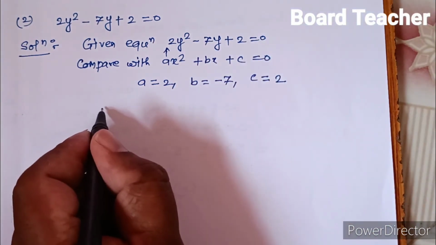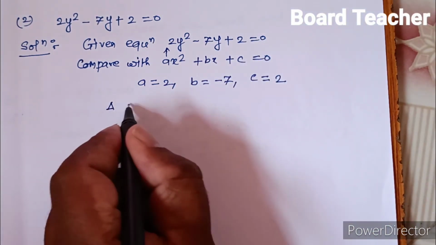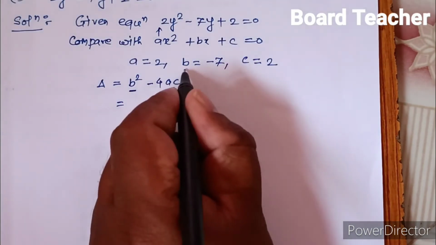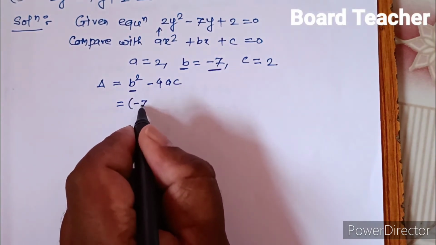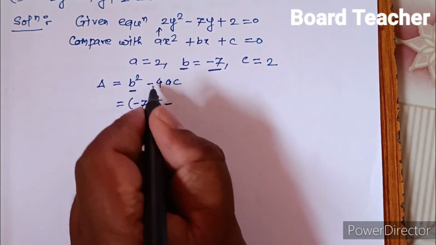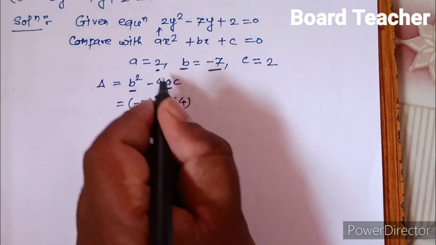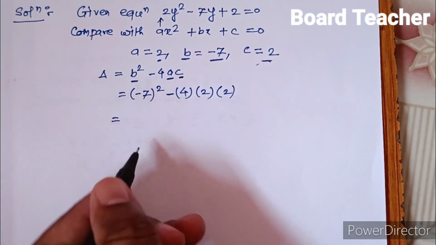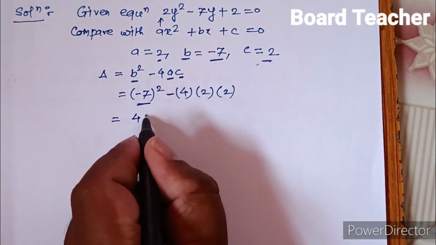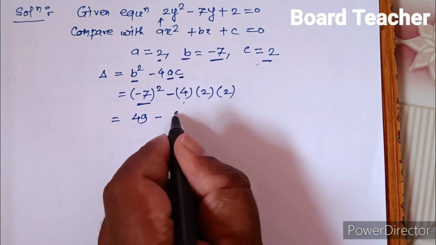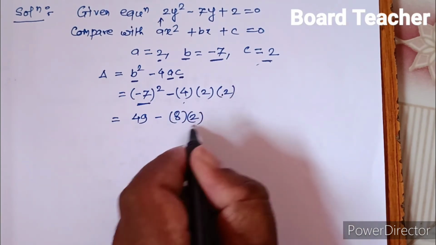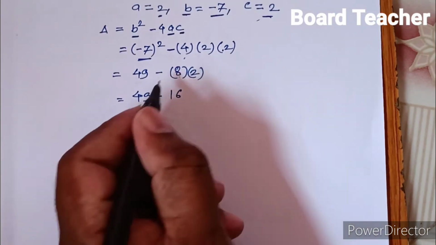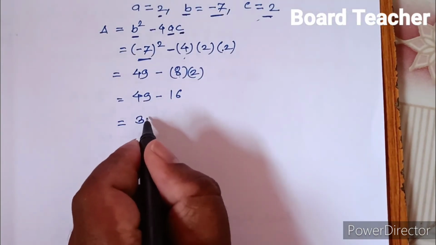Now we have to find the value of delta, that is delta equals b square minus 4ac, equals the value of b, minus 7, write down here minus 7 whole square, minus 4 as it is, the value of a, that is 2, and the value of c, that is 2. Now the square of minus 7 is plus 49, minus 4 into 2, that is 8, and this 2 as it is. Now 49 minus 8 into 2, that is 16, 49 minus 16 is 33.